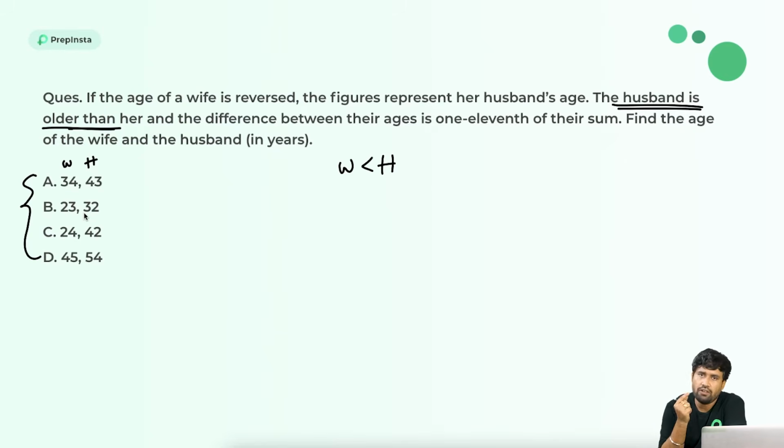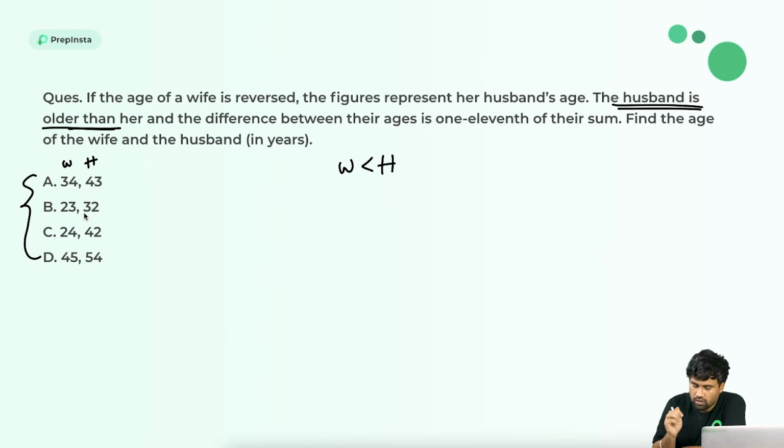And remember, only one solution will satisfy these conditions. If more than one option is satisfying, it's not a correct question and you need to go for cannot be determined, because you are getting more than one answer. Always you will get a unique answer.